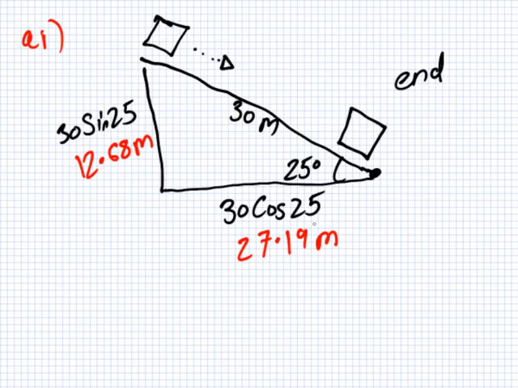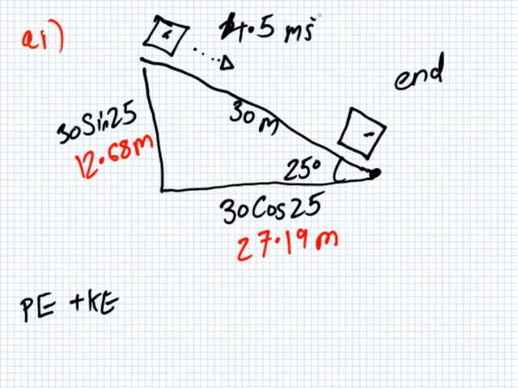So this is my idea. I'm going to say the energy here equals the energy here. What energy does it have at the top? Potential and kinetic, because at the top it's going 4.5 meters per second.